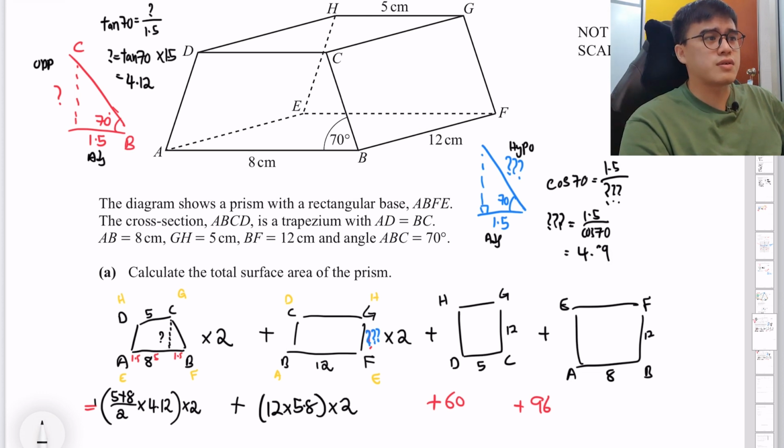So you get 4.39. So 12 times 4.39 times 2, then you will get the 2 rectangles over there. By adding everything up, it should be 314.92. If you round it to 3 significant figures, you will get 350.